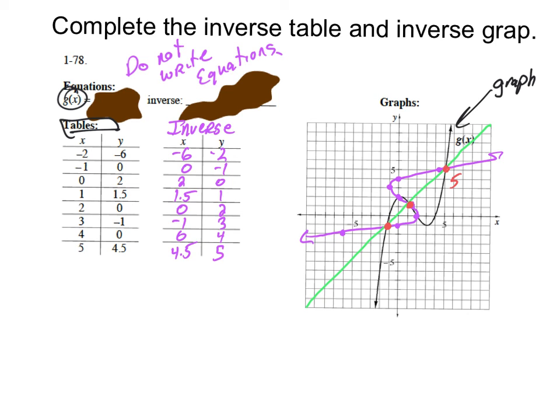This point happens to be on both the line y equaling x and our inverse function and function. The point and the point -1 are on both graphs because that's where y equals x.